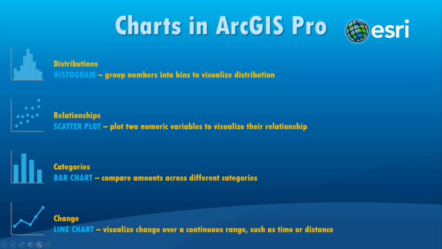We have scatter plots that help us quantify relationships between 2 variables. Bar charts that help us compare categories and amounts. And then we have line charts that help us explore change over a continuous range. Most of the time we're looking at change over time, but with spatial data we can also look at change over space. And so now I'll flip back over.